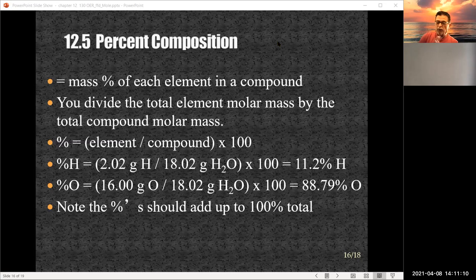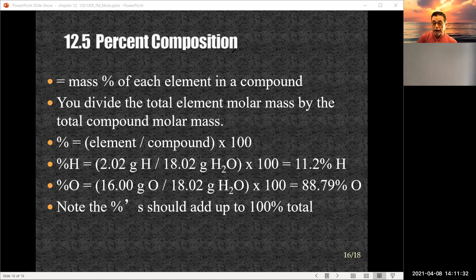And how do we do that? Well, take, for example, water. We know that the total molar mass of water, which we calculated to be 16 for oxygen and 2.02 for the two hydrogens, is 18.02.